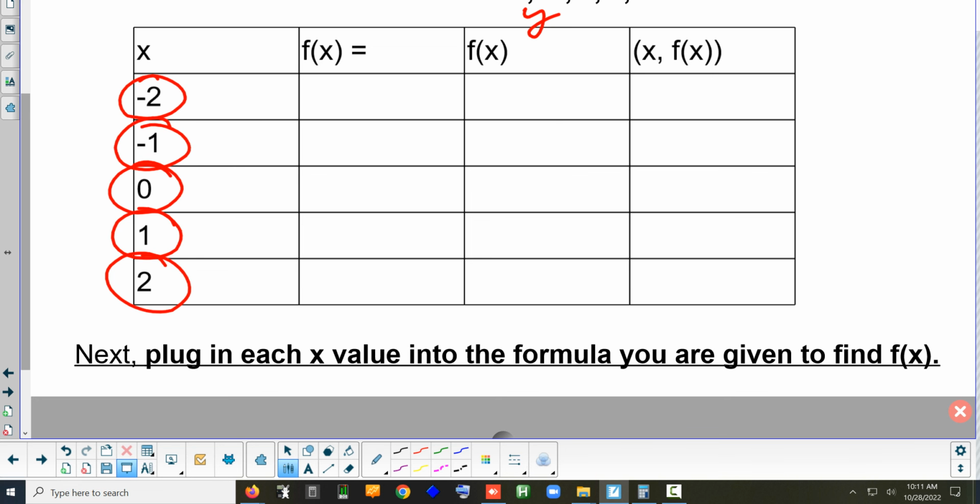So the second column, you're going to show me the calculation. The third column, you're going to do the calculation. And the fourth column is just the number in column 1, comma, the number in column 3. And that gives you a coordinate. So just like when we did domain and range and we found coordinates.